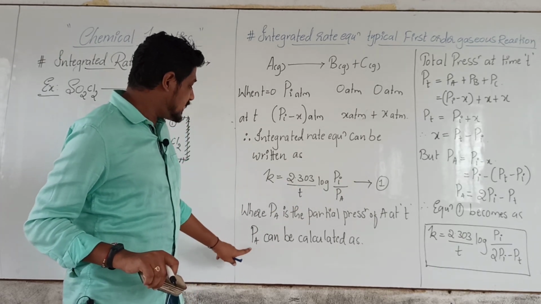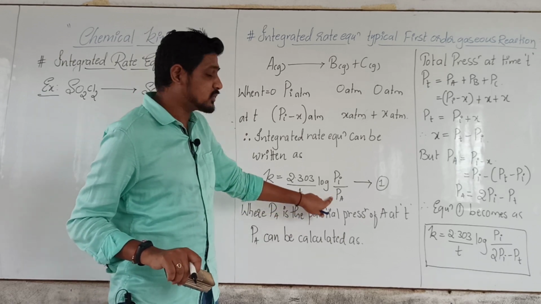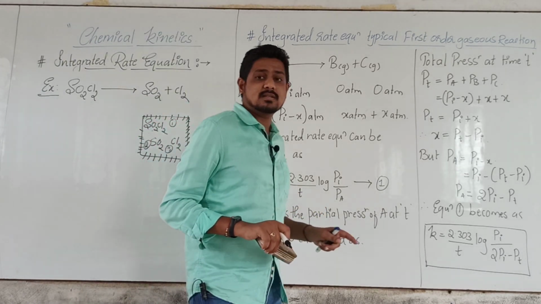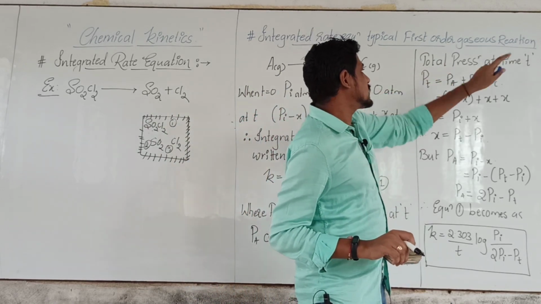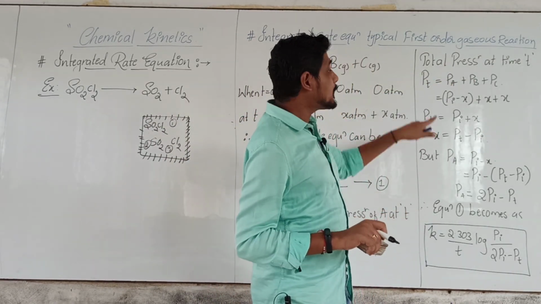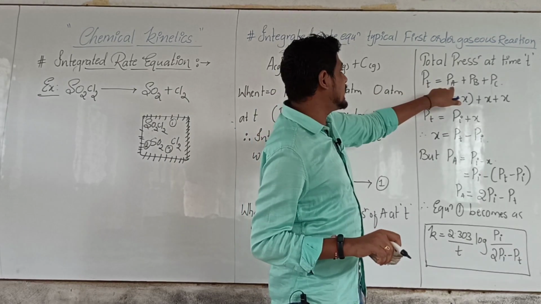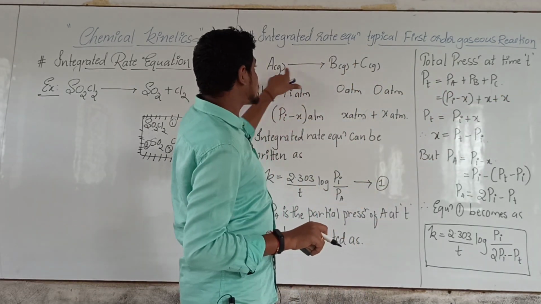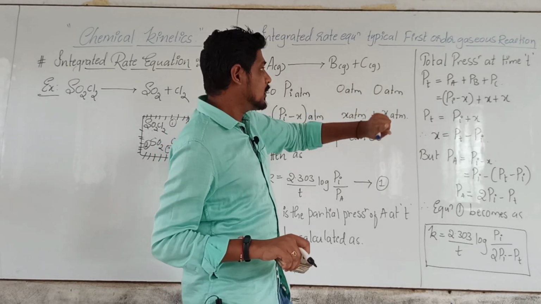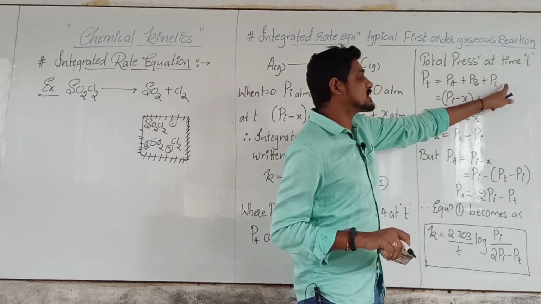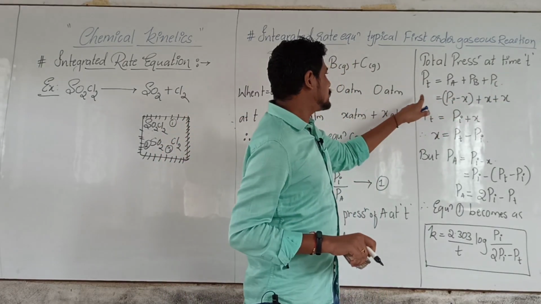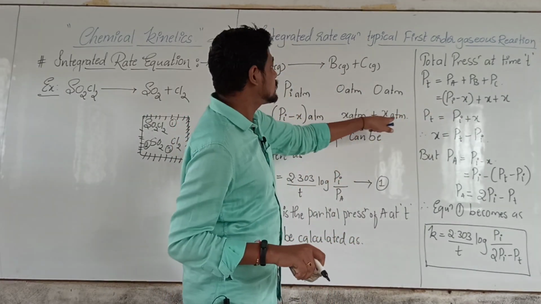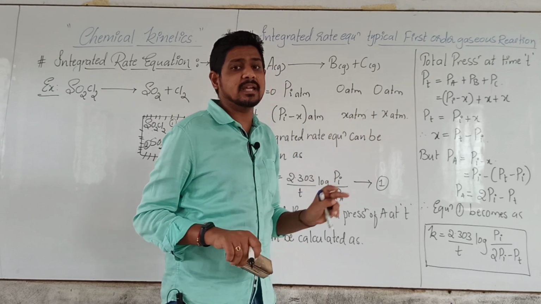Now we have to calculate the value of Pa. The total pressure at a time T is given by P total equal to Pa plus Pb plus Pc, when A has decomposed into B plus C. So P total is equal to Pi minus X plus X plus X. There are three components.